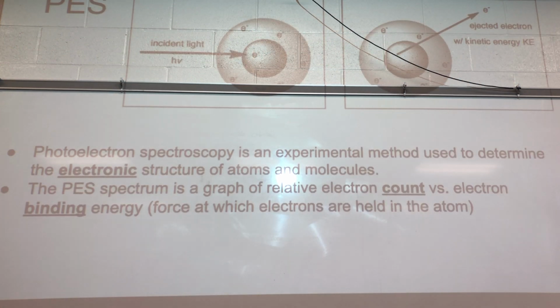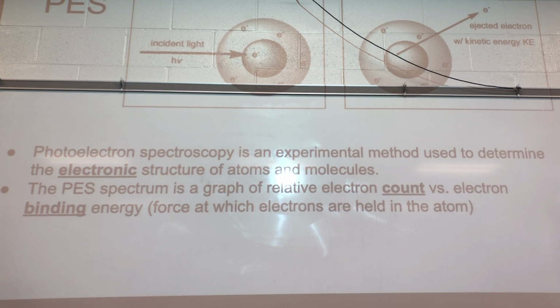Okay, so here's once again the basic idea. We send energy in, the electrons take that energy, and instead of just jumping and becoming excited, they literally jump off the atom itself, right? And it's all about this binding energy, okay? This is where they were able to prove electrons are not all created equal, because when they started ripping them off, some of them took a lot of energy to rip off and others didn't take very much.